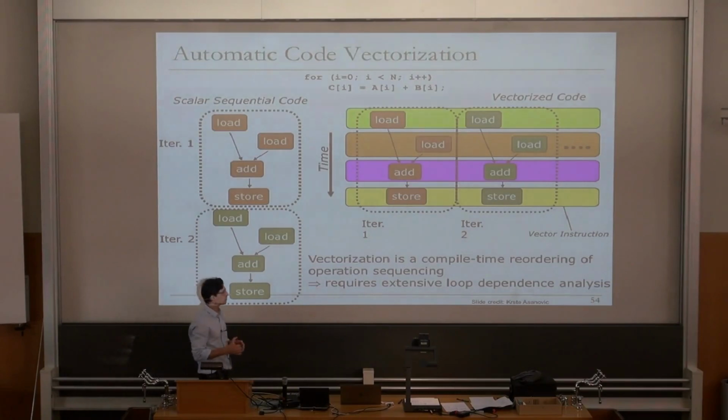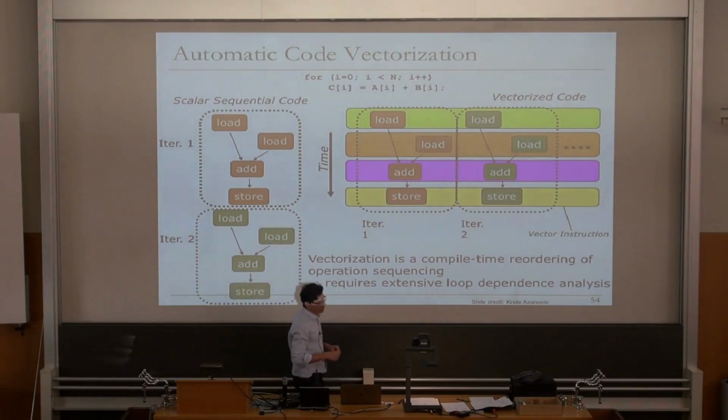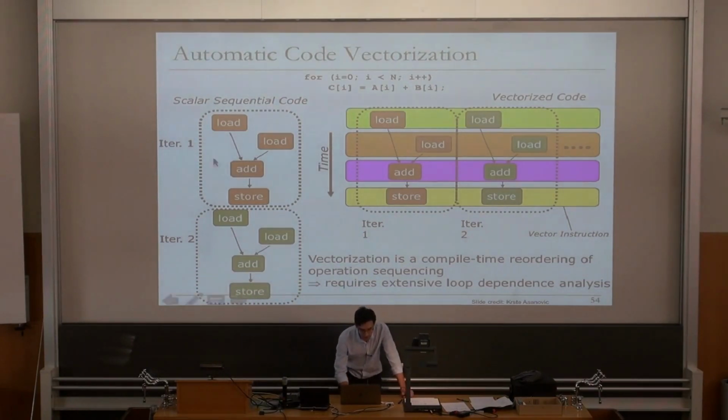And if it's a vectorizable loop, this means that we can easily convert this scalar code into vectorized code, where all the operations that belong to the same vector instruction are executed at the same time. So we will have 1 vector load here, vector add, vector store, in a way that we are executing multiple iterations at the same time.